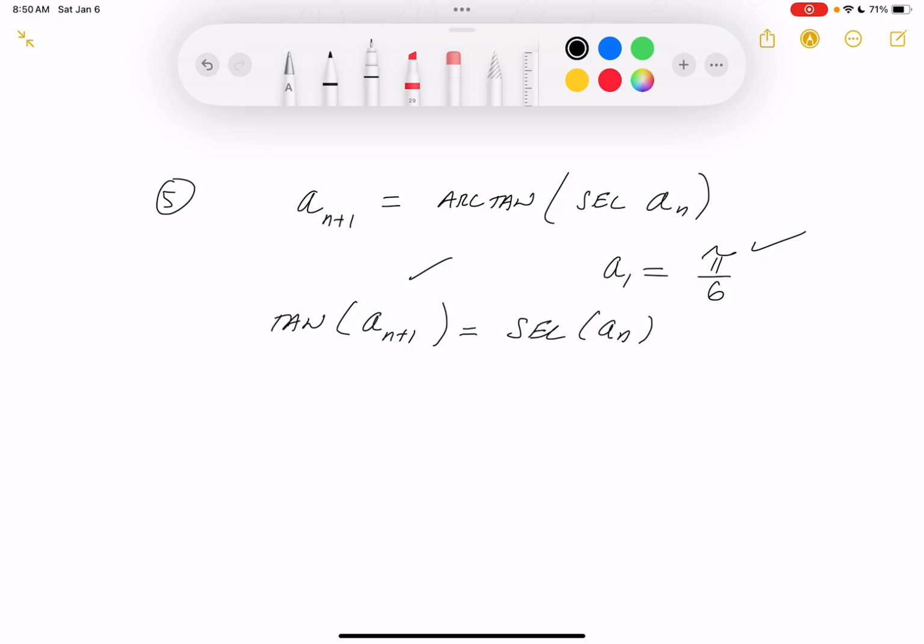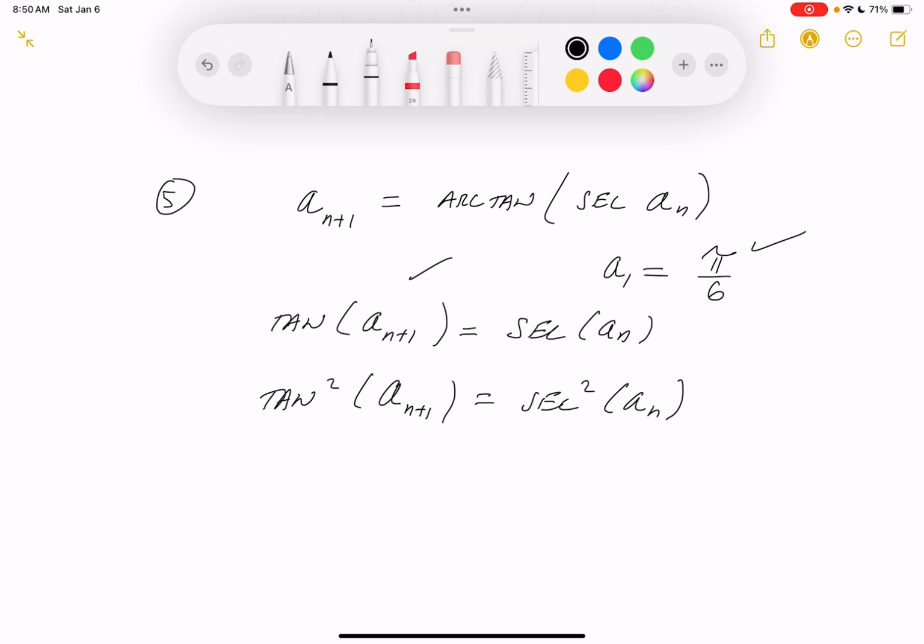Now I'm going to square both sides, so tangent squared. There's a point to this, because there's a Pythagorean relationship between the squares of tan and secant.